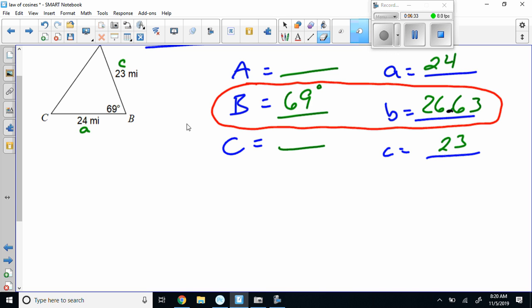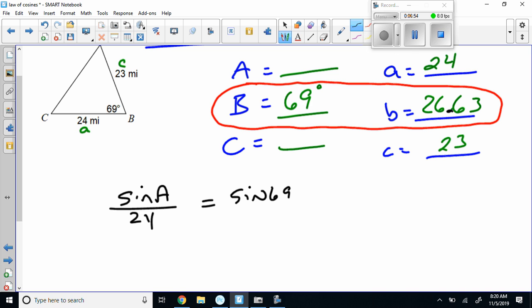So which one do you want? How many of you solved for A? Raise your hand. Okay, C, raise your hand. Okay, A's have it. So sine A over 24 equals sine of 69 over 26.63, right?